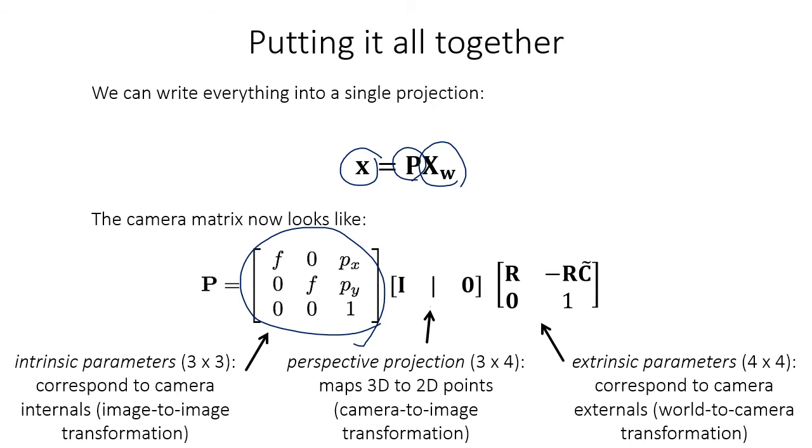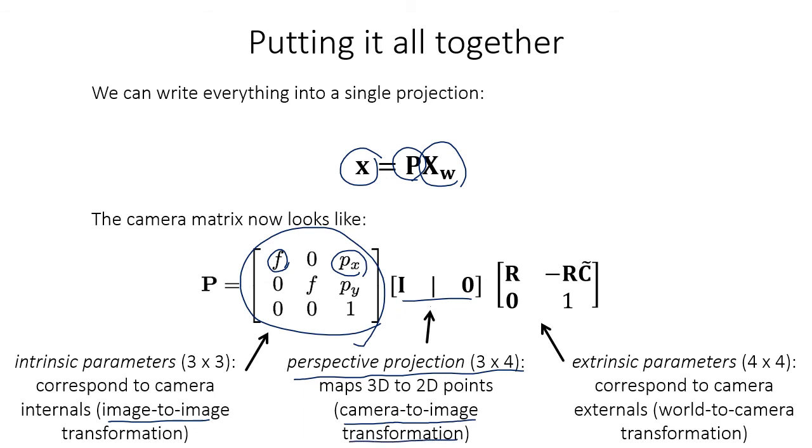It corresponds to camera internals, and it is image to image transformation. So it consists of focal length and some difference between camera and image coordinate. And this matrix is perspective projection 3x4 matrix. It maps 3D to 2D points. So it is camera to image transformation.